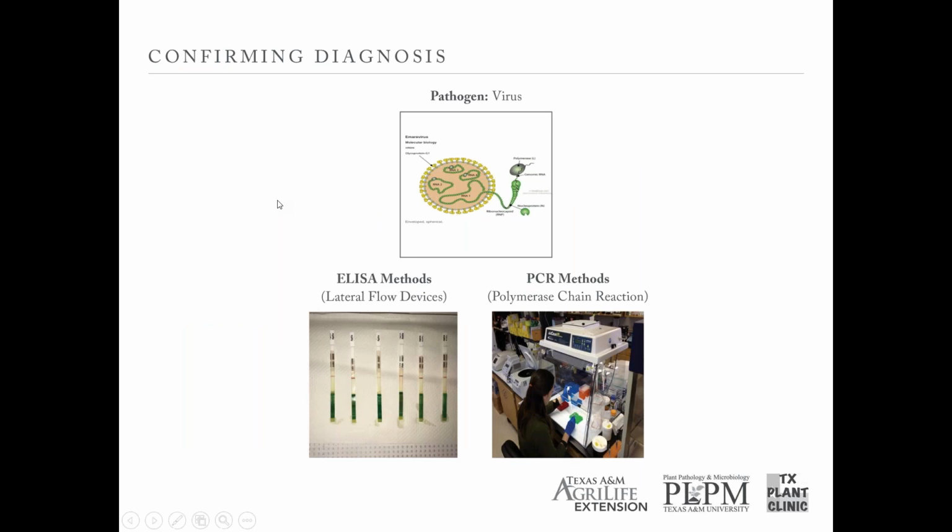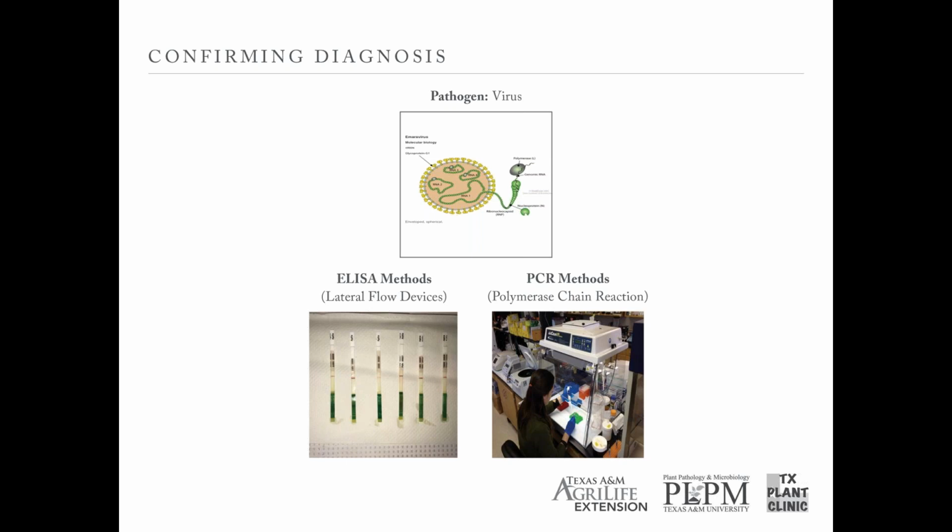Now, in terms of diagnosis, in a diagnostic clinic, what we're trying to do is test for the presence of the virus. Well, in terms of a virus, there are two common ways that we are able to detect viruses in general. That's the ELISA, or enzyme-linked immunosorbent assay type methods. And here I showed an example of a lateral flow device, similar to a pregnancy test type stick.